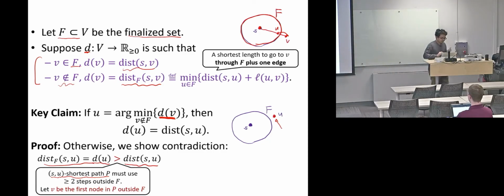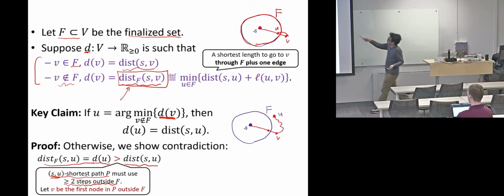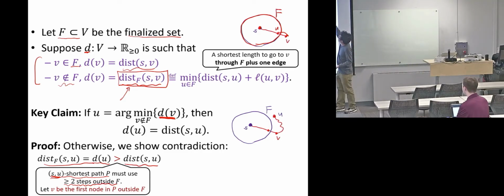This can happen only because the shortest path from S to U needs to use 2 or more steps outside F. The definition of distance F is the shortest path that goes to that node through F and just one edge, one more step outside F. But this one is worse. So now it means that the real distance must use at least 2 steps outside.